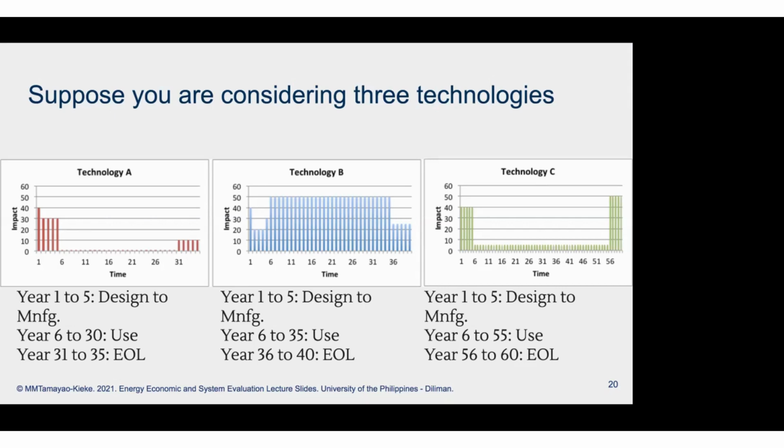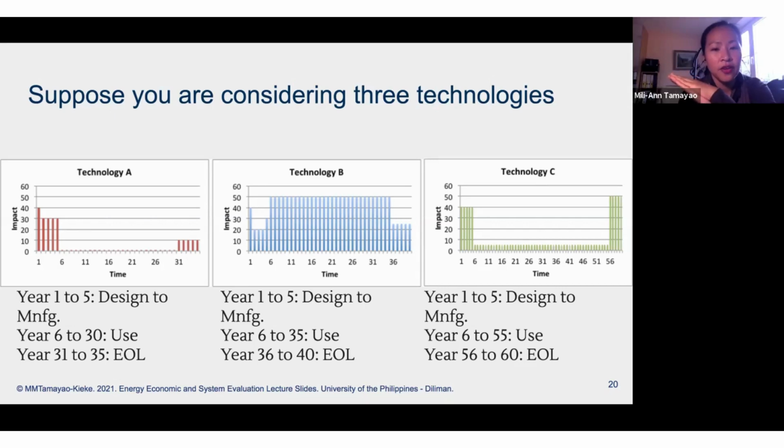One of the important things that you have to take into consideration is the useful life. So our comparison here is not direct, because we cannot immediately say, okay, technology A, although it seems obvious that it has the least impact if you just add all the impacts together.